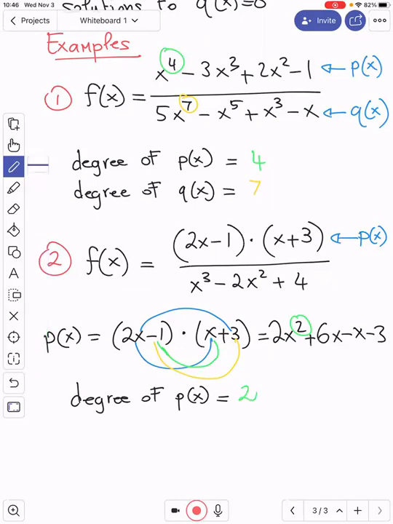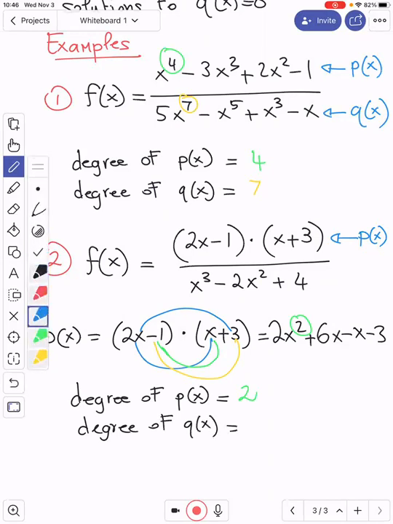And the degree of q, well, here it's straightforward, right? The degree of q, the highest power of x in the denominator. This is my denominator, that's my q, so that would be 3. All right.